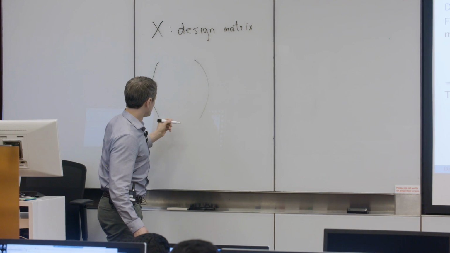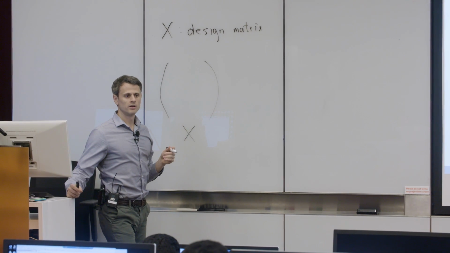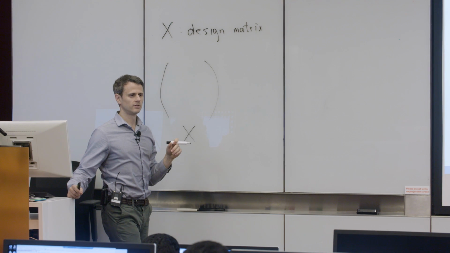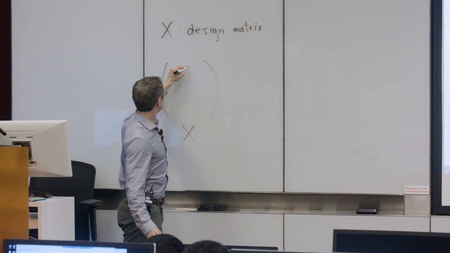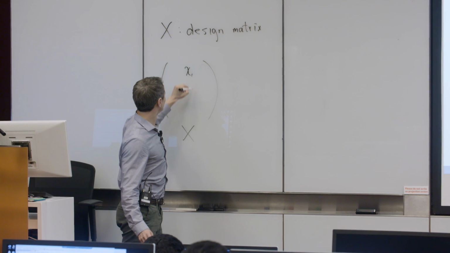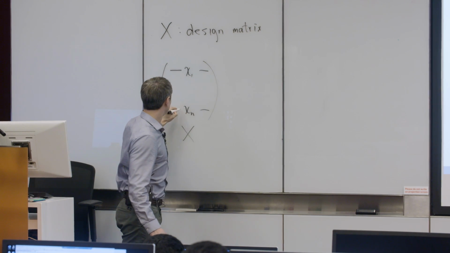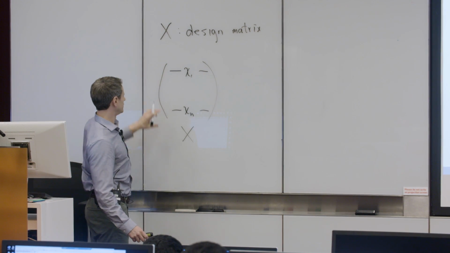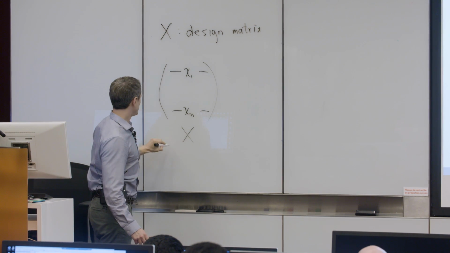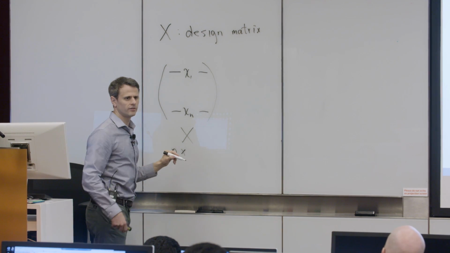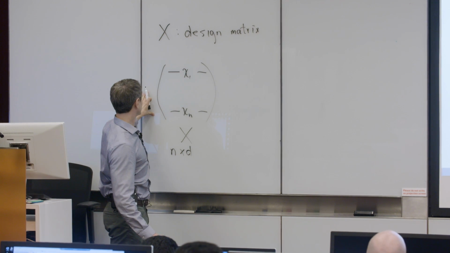Here's X, and X has the input vectors in rows. That's the standard formatting. So what's the dimension of this matrix? n by d.